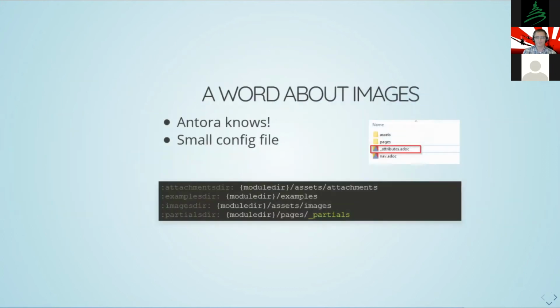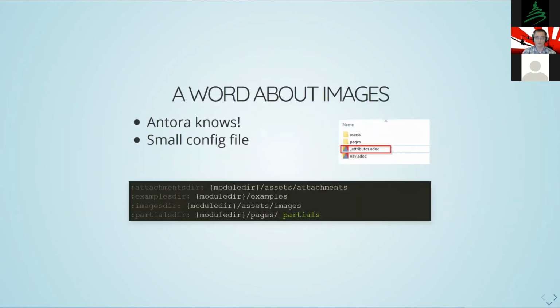Anyway, a little word about images. Antora knows. We have this little thing that I mentioned a minute ago called attributes.asciidoc. That's a special file that is for Antora. We've already pre-created all these files, and they all look exactly the same.